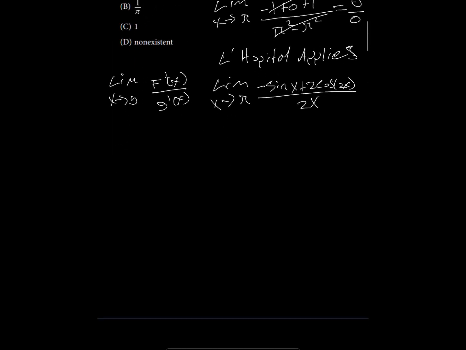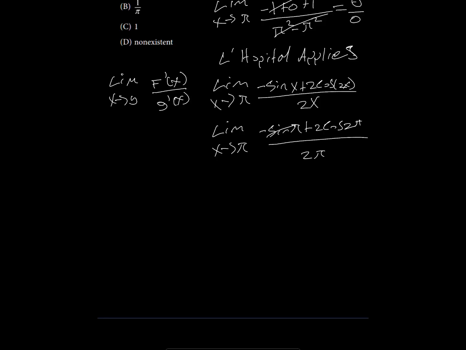From here, we can go ahead and plug in again and evaluate the limit. So you can say limit as x approaches pi of negative sine pi plus 2 cosine of 2 pi over 2 pi. Now we said negative sine of pi goes to 0.